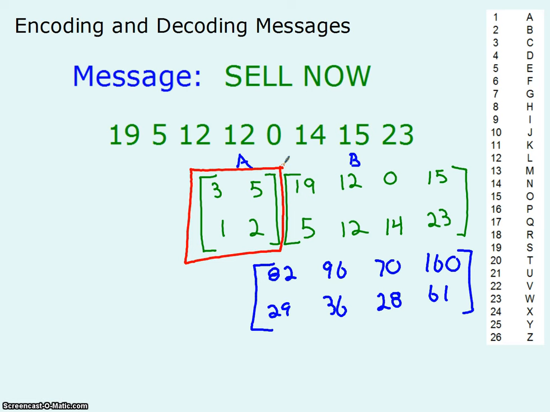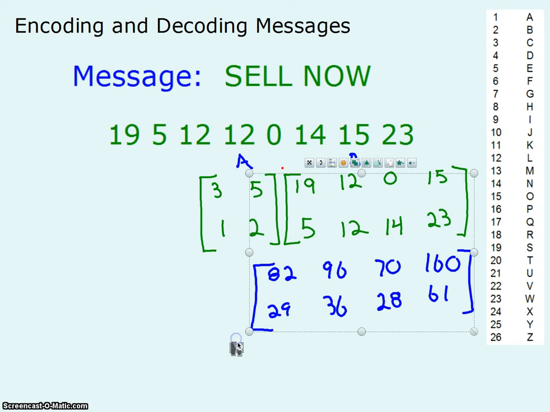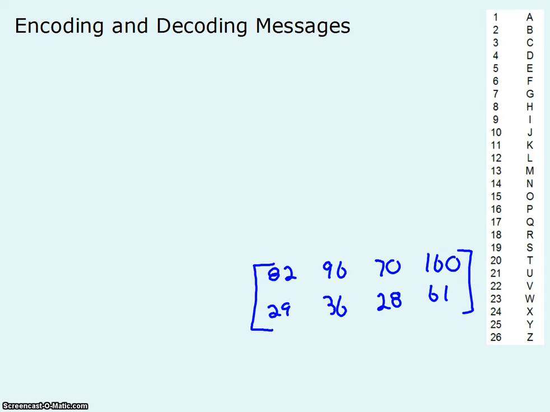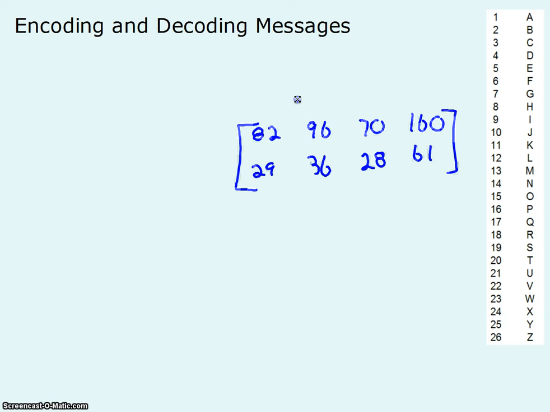So here's what I'm going to do. I'm going to see if I can make a copy of this and copy it to a new screen right over here. And I'm going to pretend that I just got that matrix. I just received it. And now I'm going to decode it.